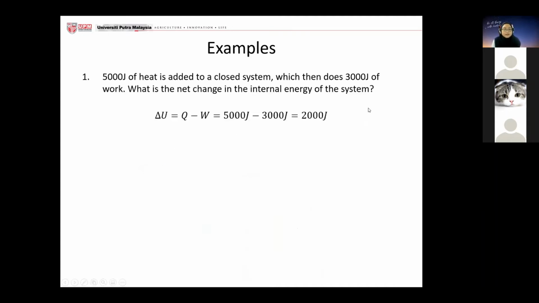Now, a simple example. If you add some amount of heat to a system, say 5,000 joules, and then the system does 3,000 joules of work, what is the net change in internal energy? Just follow the earlier equation: delta U equals Q minus W, so 5,000 minus 3,000 joules.